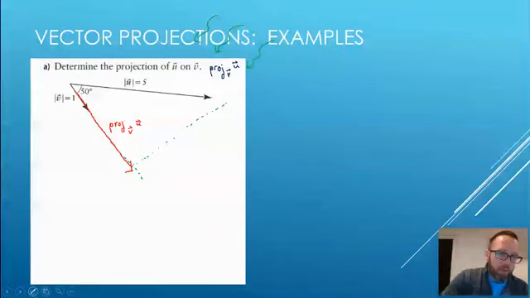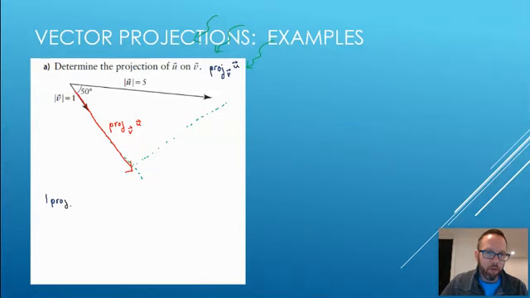Now, as to what that vector is, we have to talk about its magnitude and its direction. What is the magnitude of this vector projection onto v? Well, just using trigonometry, it would be the hypotenuse times the cosine of 50 degrees, because it's the adjacent side here. I'll write this out.